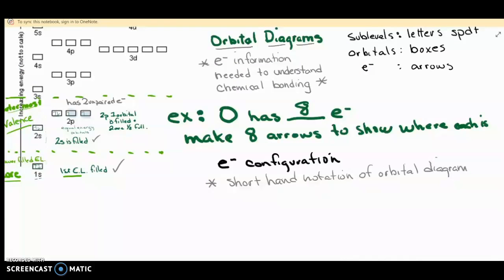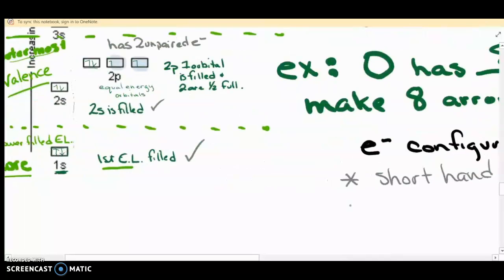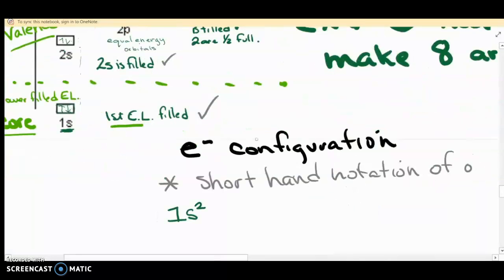Configuration for oxygen says, hey, in the first energy level down here, the S sublevel, that orbital has 2 electrons in it. We move up to the next energy level, the second energy level. We first encounter the S sublevel, and in my box, I have 2 electrons in it.